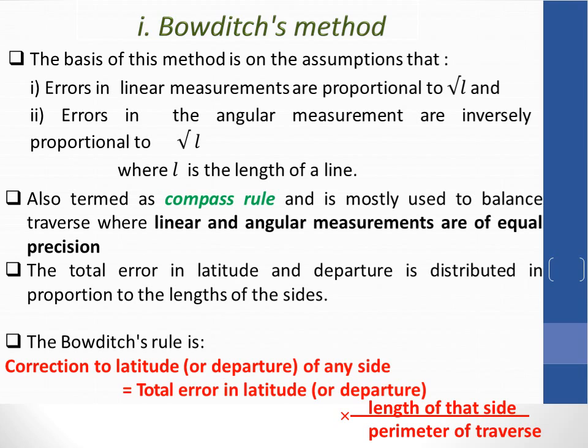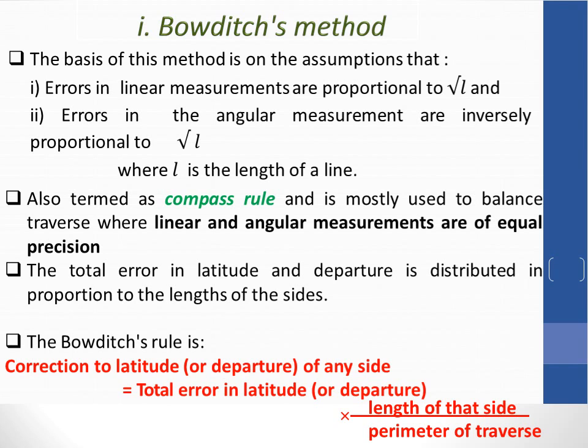The total error in latitude and departure is distributed in proportion to the length of the sides. Please note this because it is different for the next method. So here we are calculating the error and distributing it in proportion to the length of the sides. That will obviously be reflected in our equation.